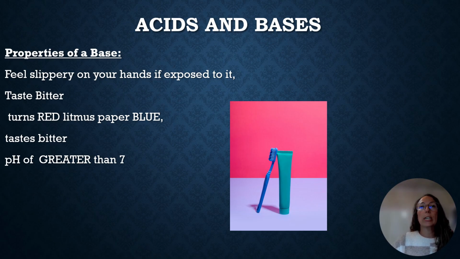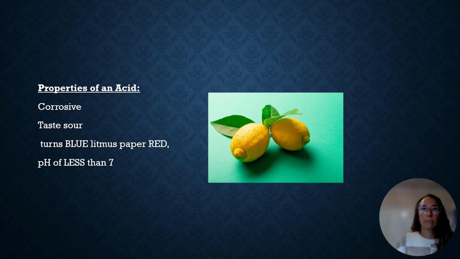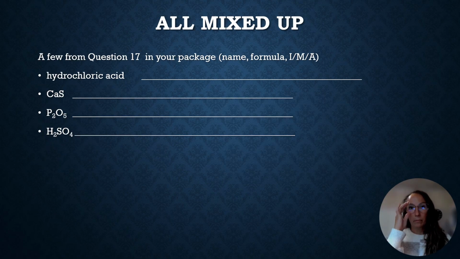It has a pH of greater than 7. And then property of an acid is that they can be corrosive, sour, turn blue litmus paper red, and a pH of less than 7. So think of lemons for acids.